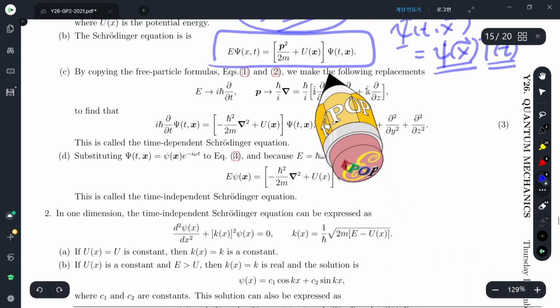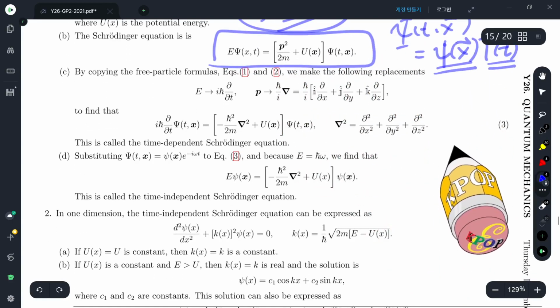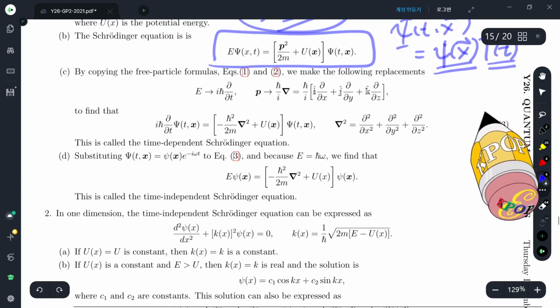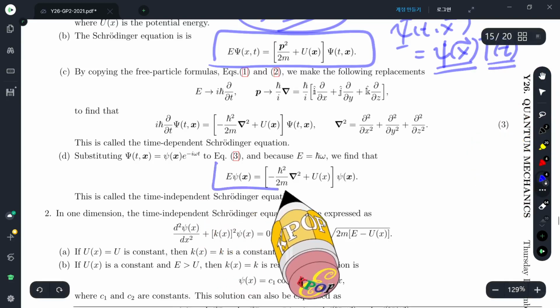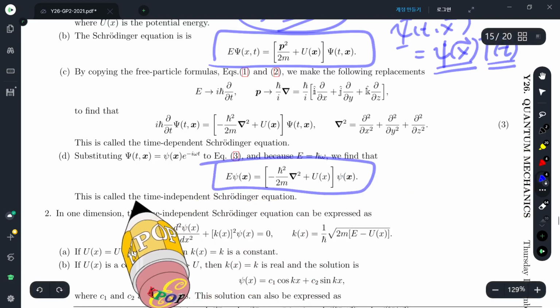This reduces into two decoupled equations, one only for x and one only for t. The resultant equation that depends only on x is called the time-independent Schrödinger equation.